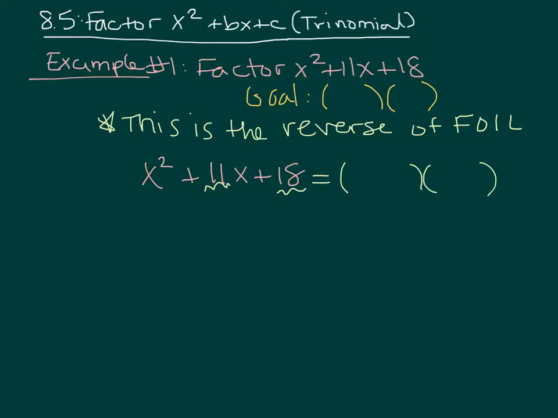So first of all, when you do this type of problem, you're going to start with an x and an x. Now, these two terms are always going to be x's unless x squared has a coefficient other than 1.